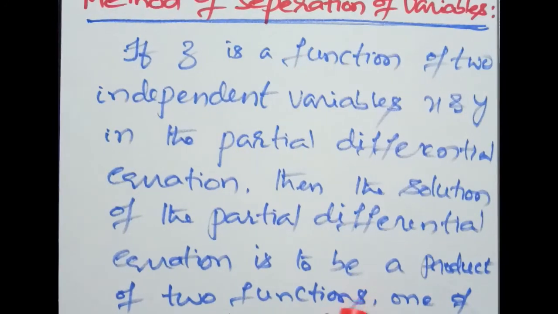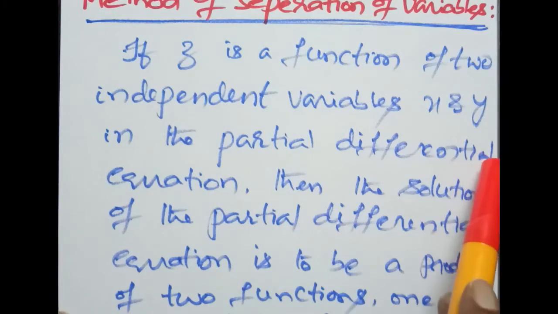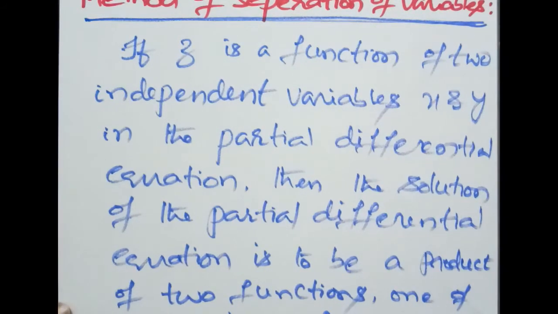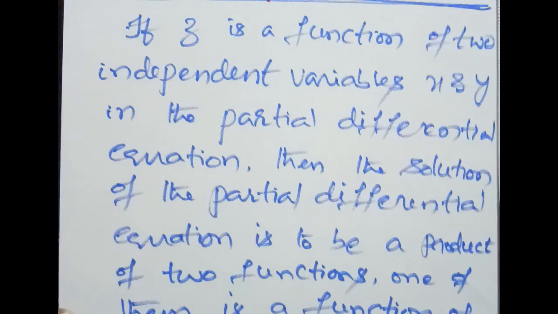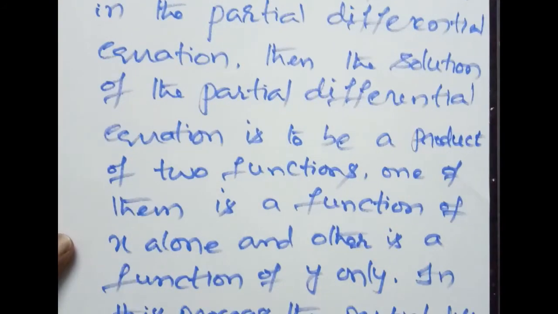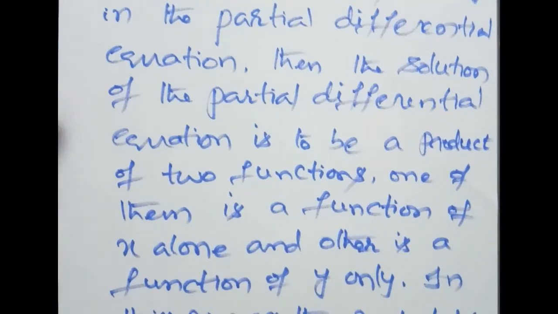So in these two functions, one is a function of x alone and the other one is a function of y alone. In this product, one function is a function of one independent variable x only and the other function is a function of another independent variable y only.